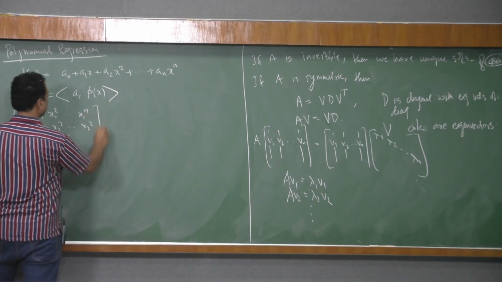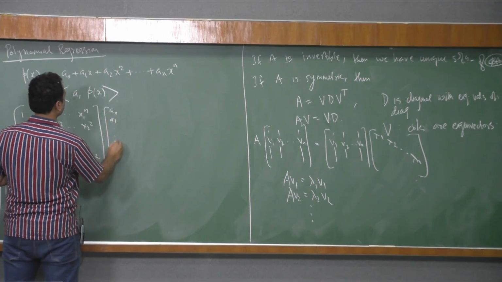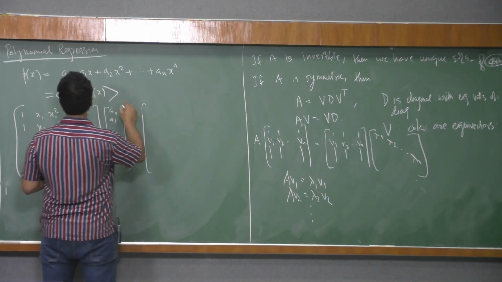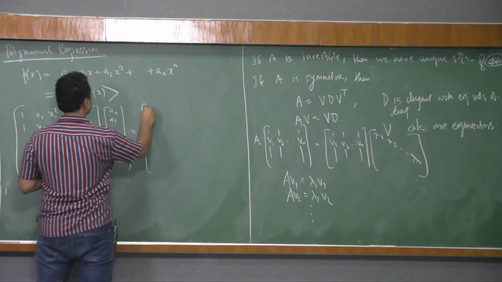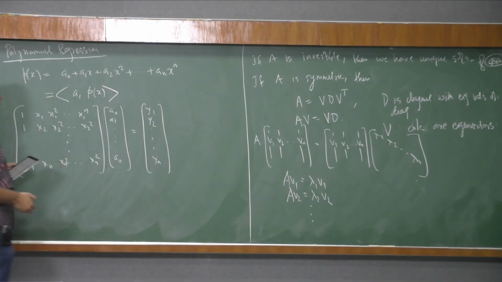This is multiplied with the a in this case, which could be seen as w as well, and this is equal to the outputs y1, y2, up to yn. So once again, it fits very well in the least square sense.